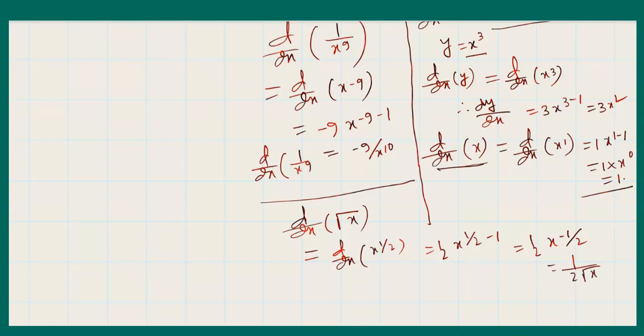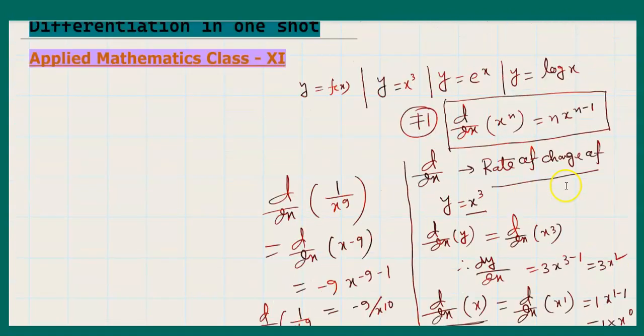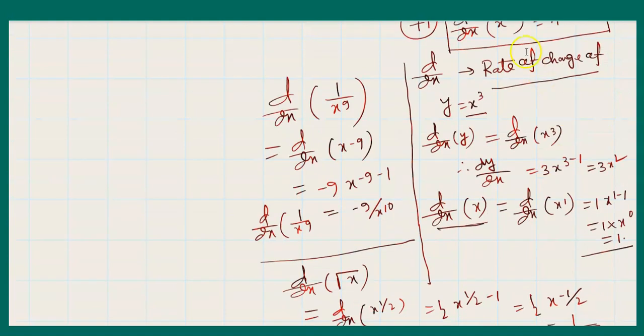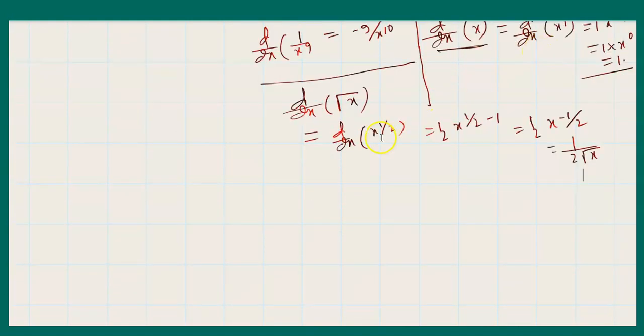So the derivative of any exponent of x can be determined by using the formula we have got, d/dx of x to the power n equal to n x to the power n minus 1. That n may be any real number. It may not always be an integer; it may be a negative integer, or a fraction. In all cases this formula is valid, and that we have applied. x to the power half is a fraction here, so we found the derivative when the index is a fraction also.